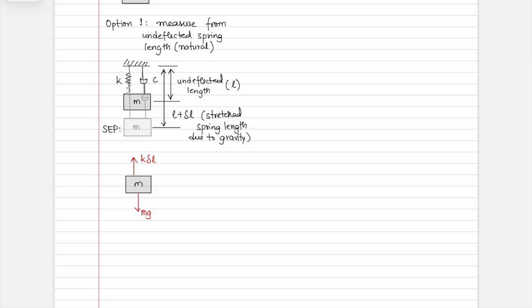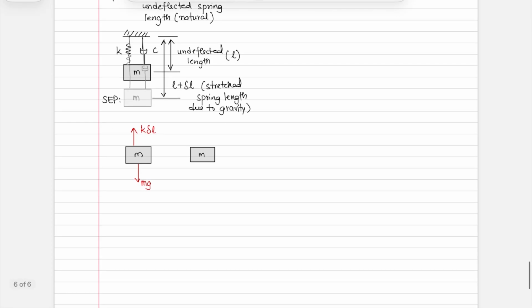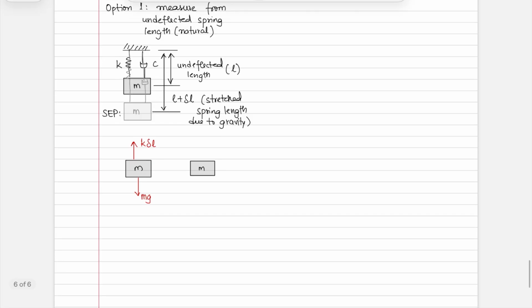That's the meaning of static, which means there's no force coming in from the damper. And so at the equilibrium, because there is no net acceleration, your kinetic diagram will have no force because there is no inertial force, m x double dot is equal to 0, right? Because x double dot is equal to 0.